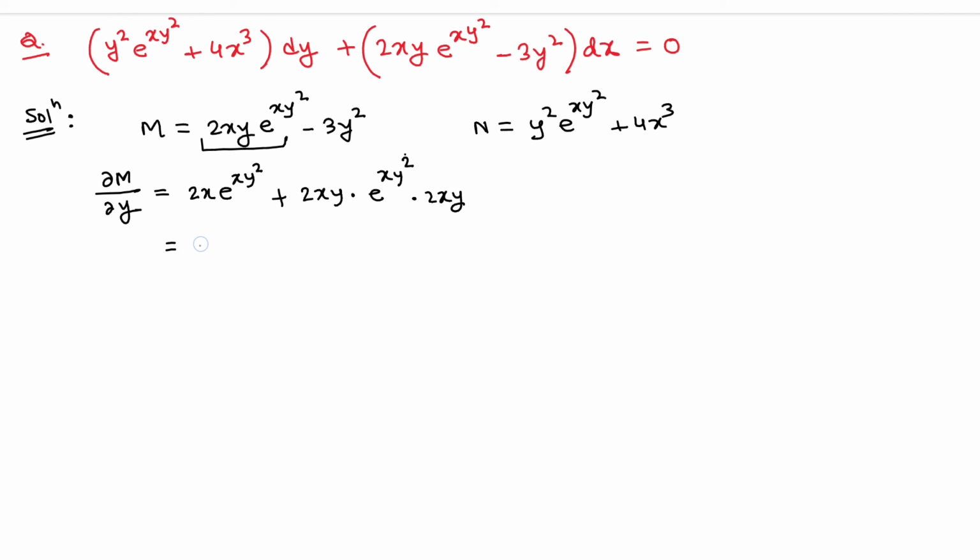So we are getting 2x e to the power xy square plus 4x square y square e to the power xy square, and the derivative of the last term with respect to y gives minus 6y.